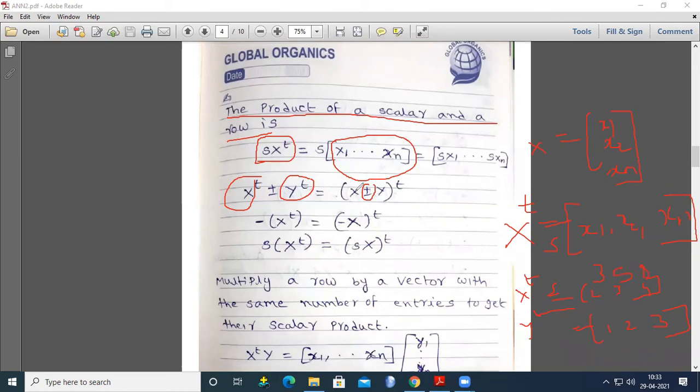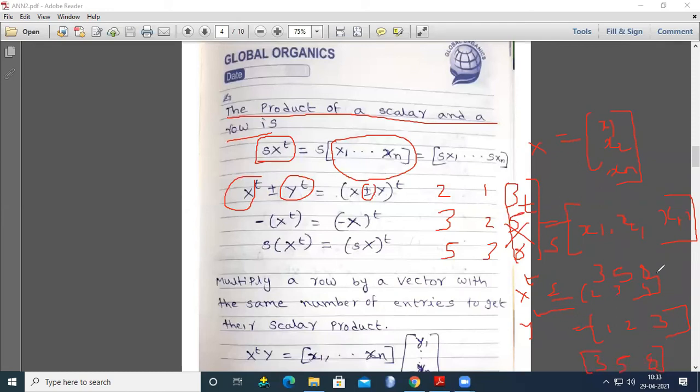Now you perform x plus y. So x is nothing but 2 3 5, and y is nothing but 1 2 3. So the sum is 3 5 8. You convert this to a row, so 3 5 8 as a row.